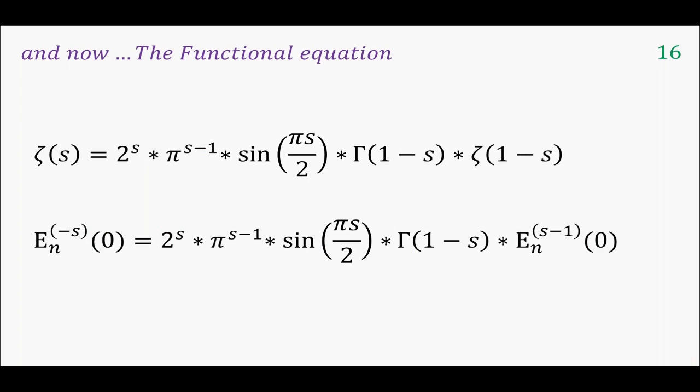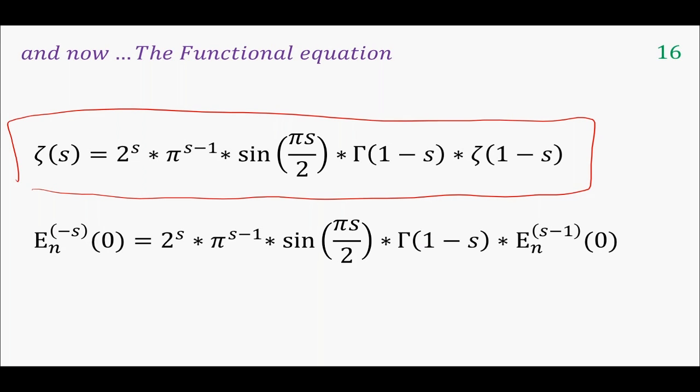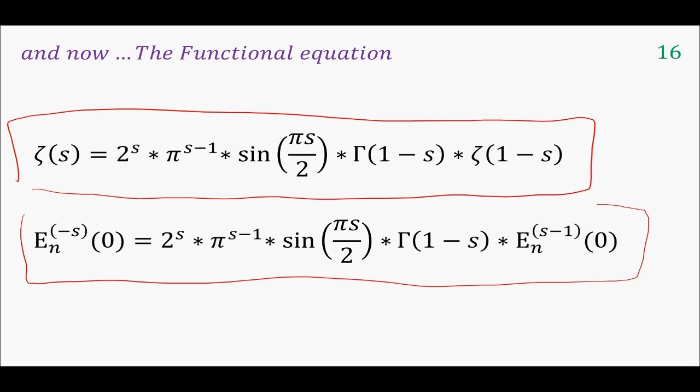So as we go into slide 16, now we have arrived at the functional equation right here. And it can also be written in terms of this new epsilon function, where derivatives of the epsilon function are being taken. So there are some crazy relationships here. And that's pretty much it for the functional equation.